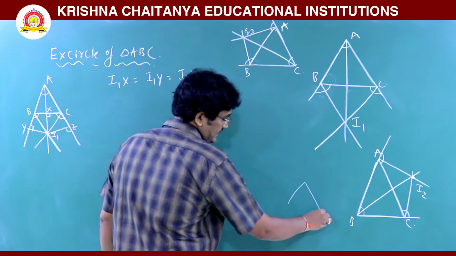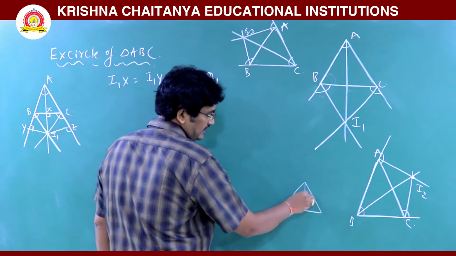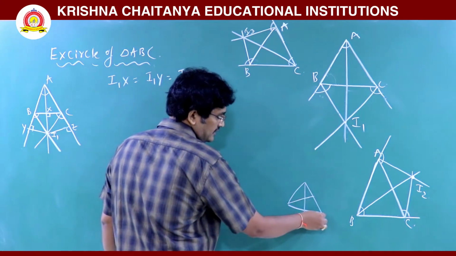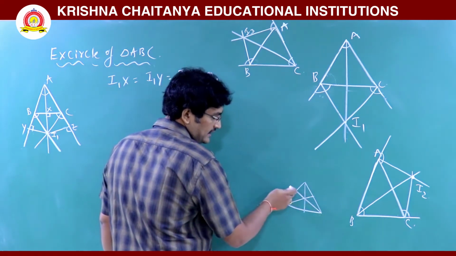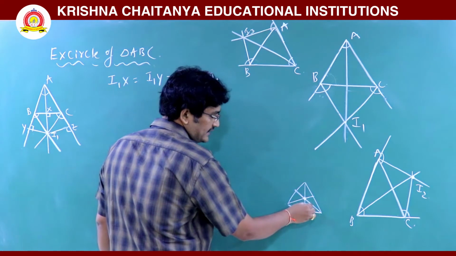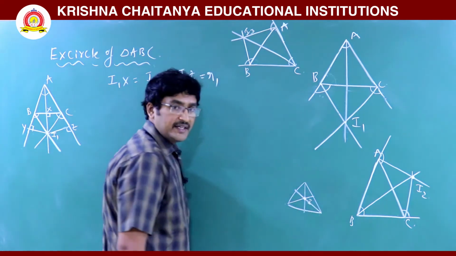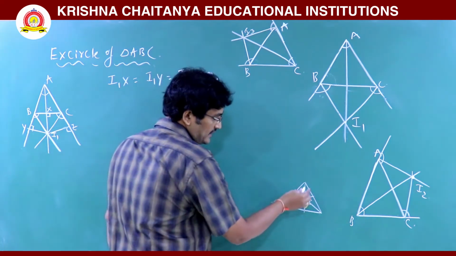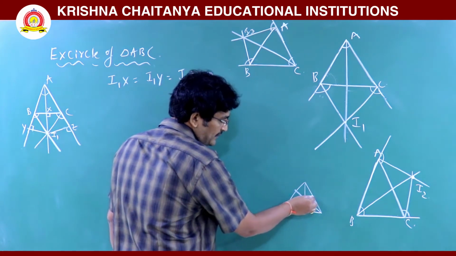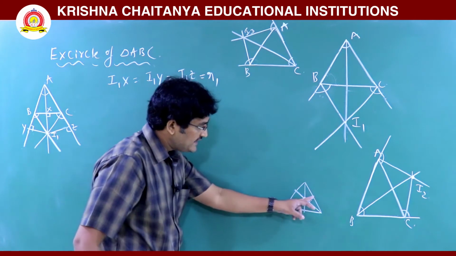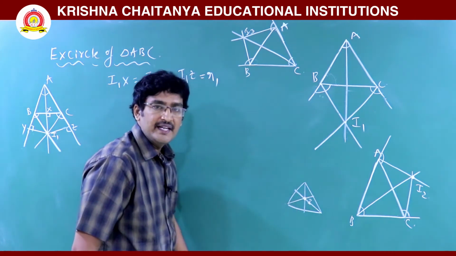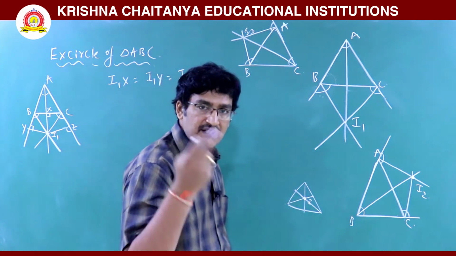The incenter also has a similar concept. These are internal angular bisectors, and those three meet at this point, denoted with I. It is the incenter of triangle ABC. The incenter is equidistant from the three sides of the triangle.